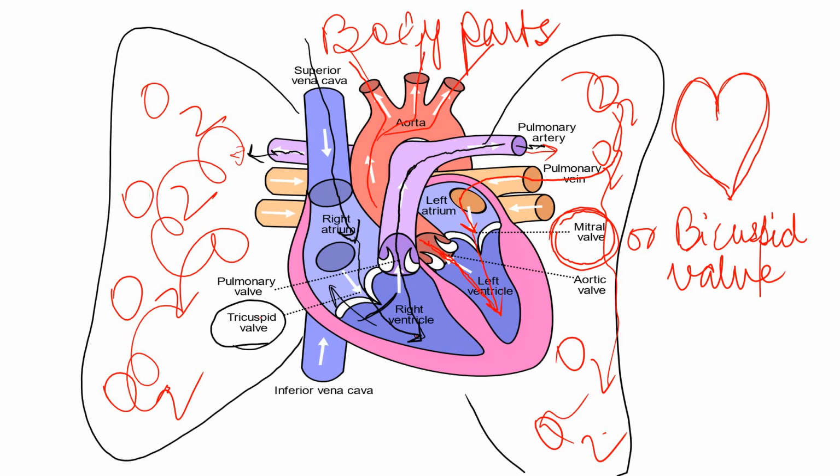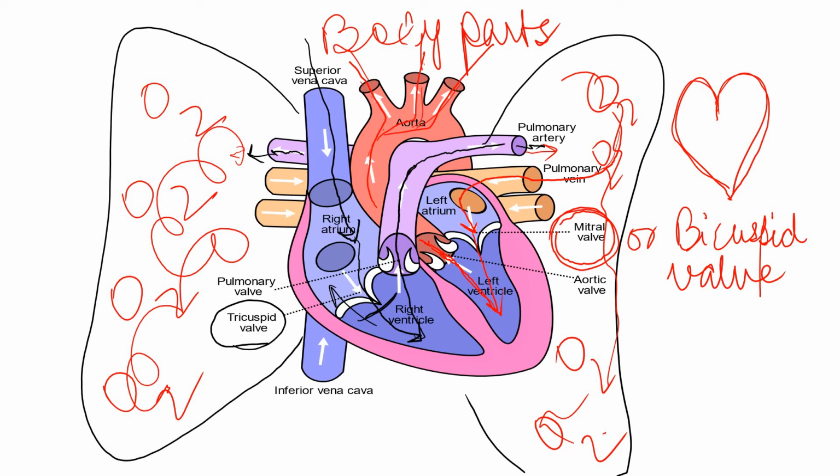This is the lungs they have entered. This impure blood gets mixed with the oxygen and becomes pure oxygen rich blood. This oxygen rich blood then enters via the pulmonary vein to the left atrium, passes through the mitral or bicuspid valve, enters the left ventricle, and then from there goes to other parts of the body via the aorta.